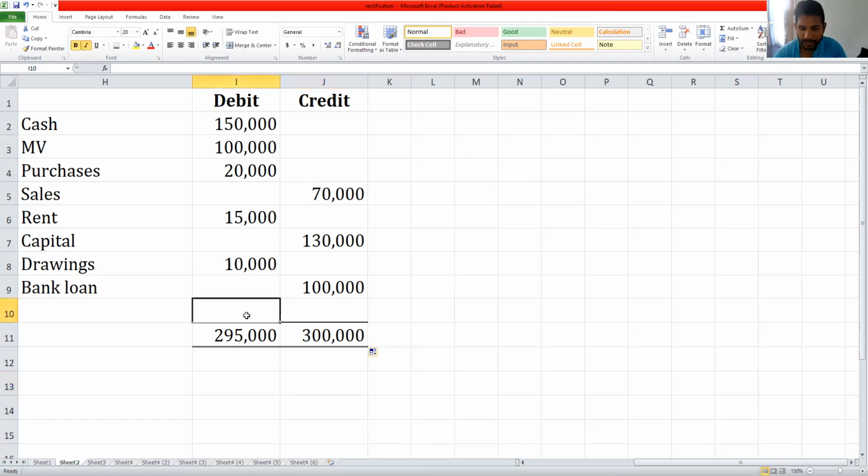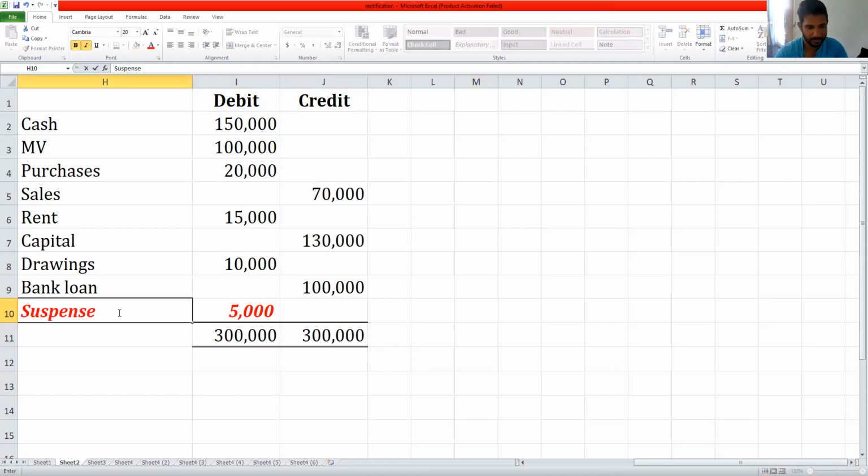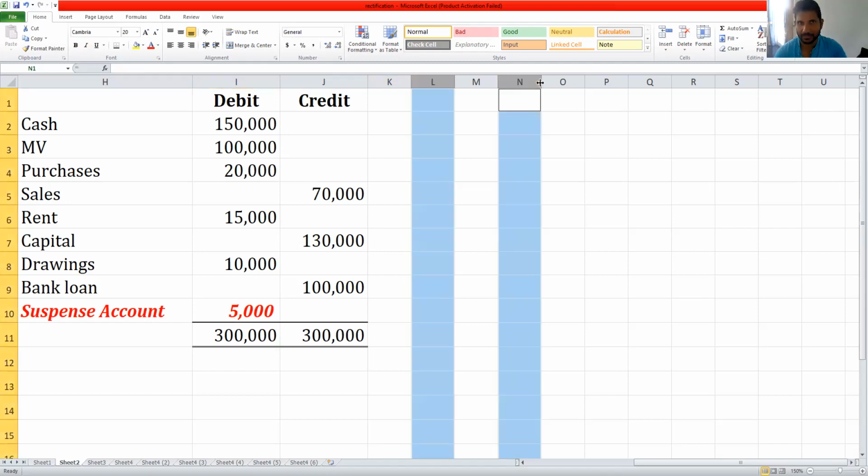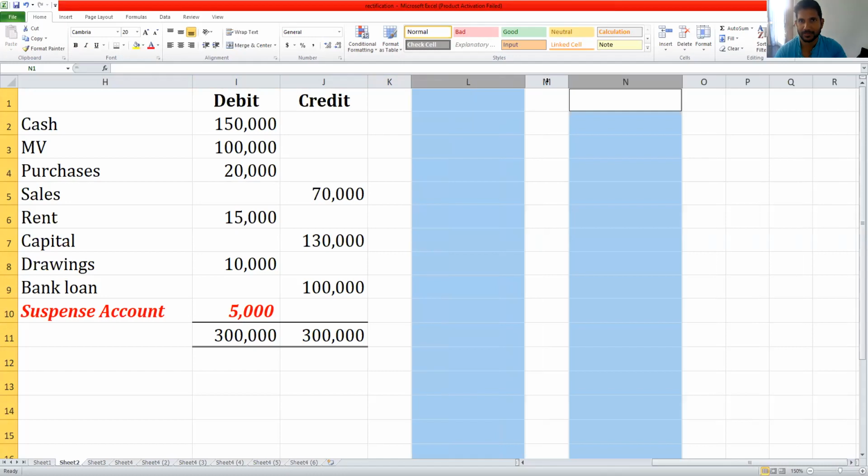If I put a balance of 5,000 here in the debit side, do you see the trial balance agrees? That is the suspense account. Suspense account 5,000. Total after recording the balance of 5,000, the trial balance agrees.